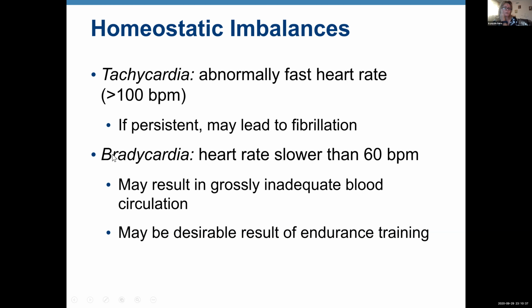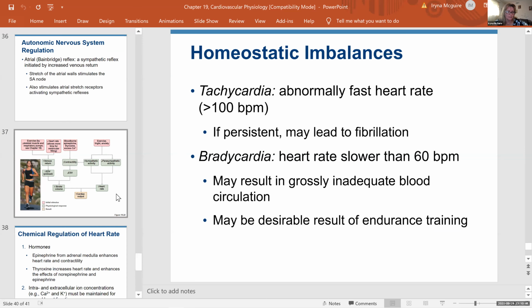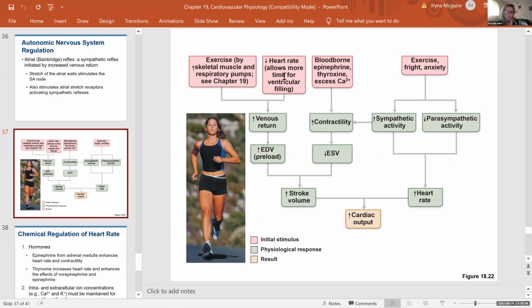Why would athletes want to slow down their heart rate? If we go back over here, it makes sense. When we slow down the heart rate, we allow more time for the ventricle to relax and for ventricular filling, right? And then we increase venous return, we increase preload, and we increase stroke volume, which will increase cardiac output, right? So that's why.